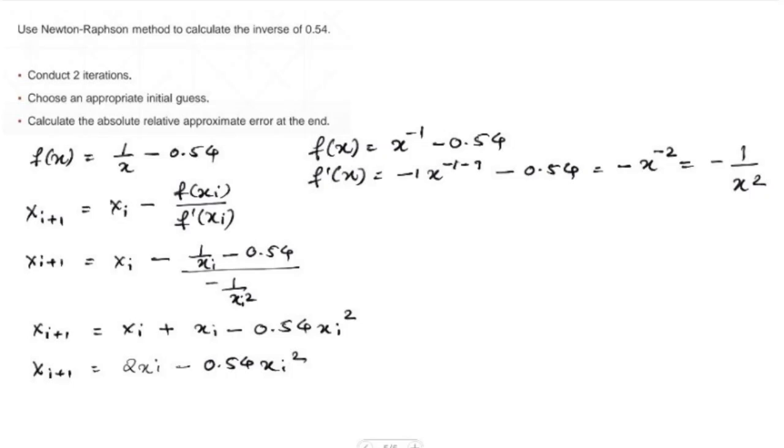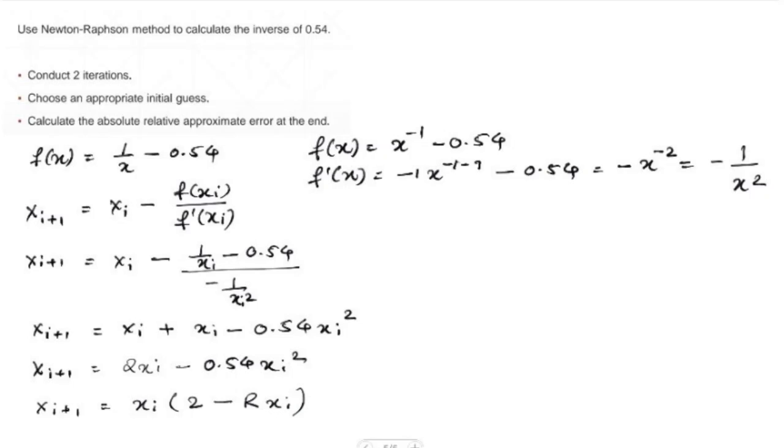Now you can write this and use it here, or you can also use what was given to you in the lecture. In the lecture we were given x of i plus 1, with xi common, equals xi times 2 minus the number of which you have to find the inverse, times xi.